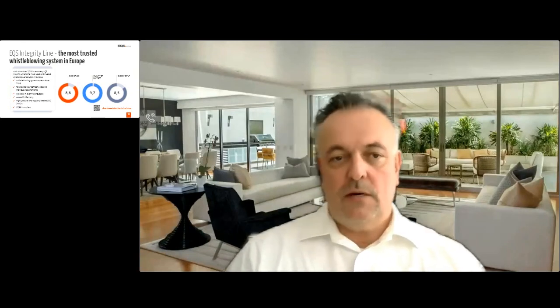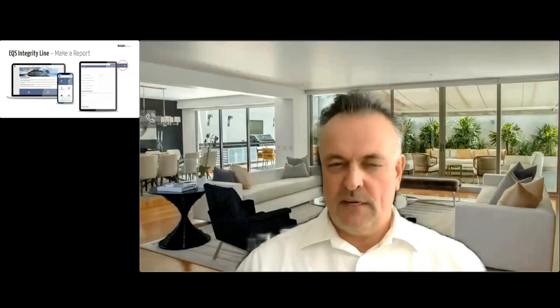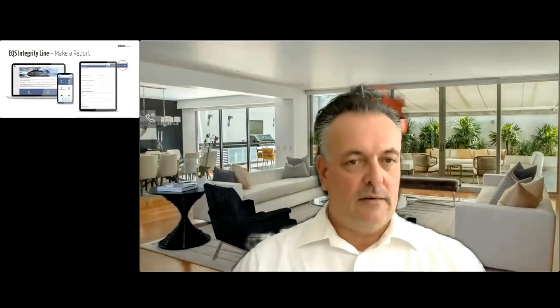So what would you get if you implement a solution that we provide? Clearly a web-based whistleblowing system with the option to also add a phone intake channel, a message intake channel to it. Highly secure, usable for potential whistleblowers from more or less any device. You just need an internet connection, and then it works.